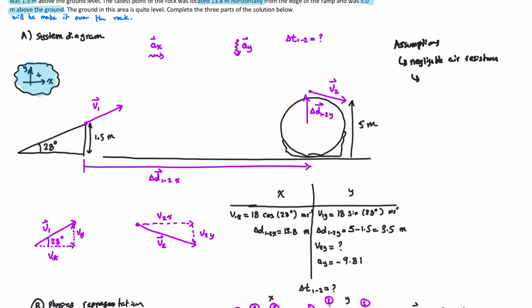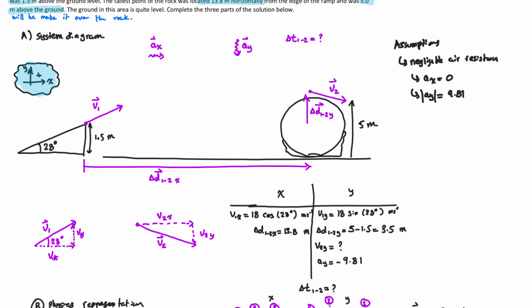And that's going to cause the acceleration in the x direction to be consistently 0 and the acceleration in the y direction to equal 9.81. It's just the magnitude, not the actual value, but maybe I'll just write it like this so that it's a little bit easier to see. And that's my main assumption in this question.